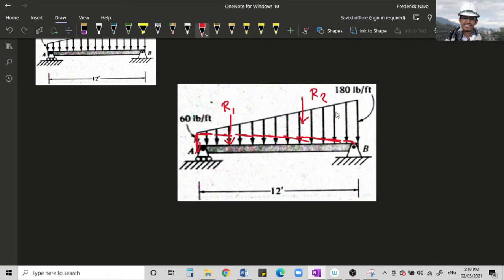Okay? And this distance will be equal to L over 3. Okay? Here it is 2/3, 2L over 3. Okay?